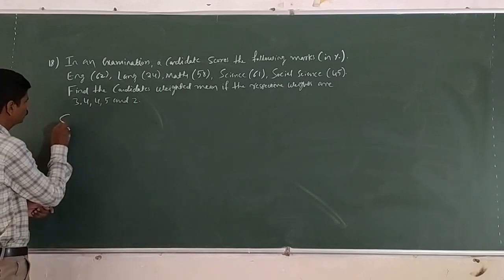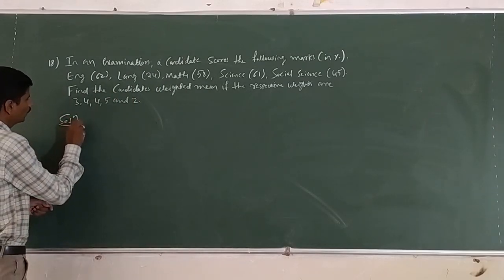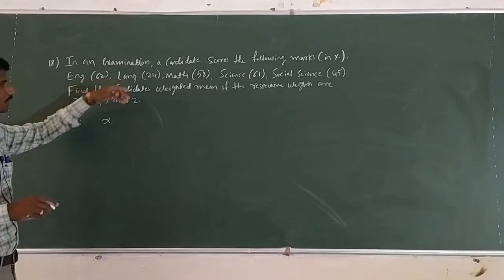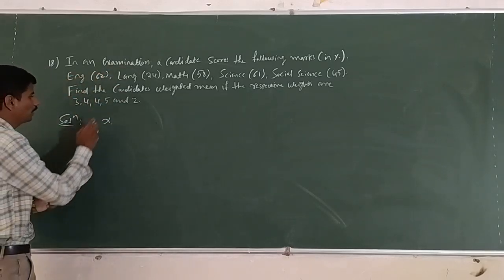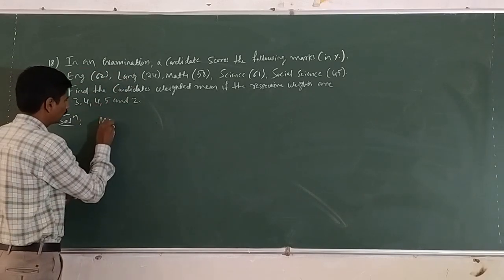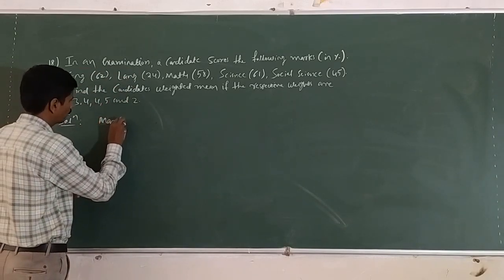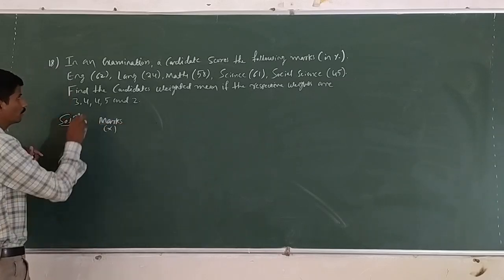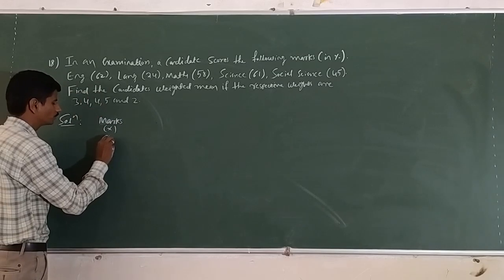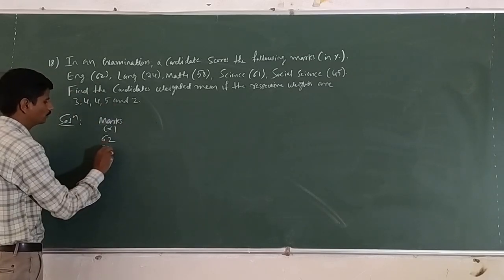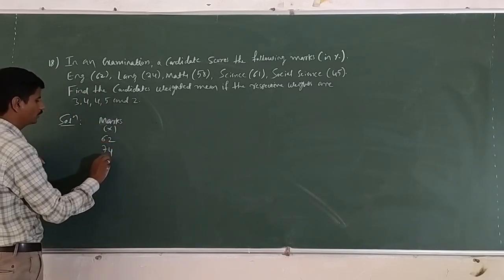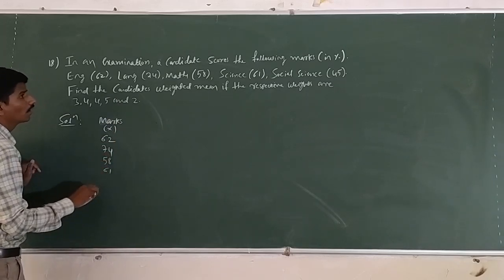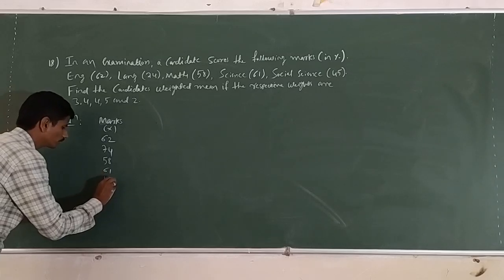Solution. The x values are nothing but the subject marks. Marks are the x values: 62, 74, 58, 61, 45.